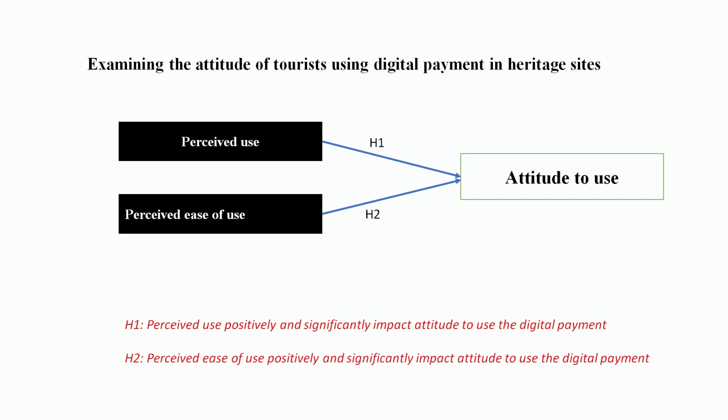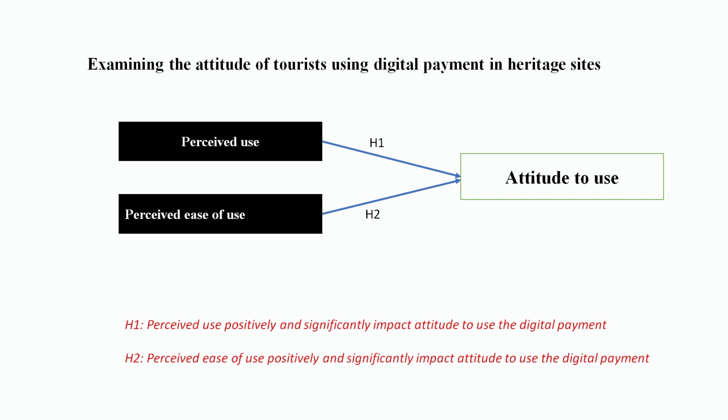So, I have made two hypotheses out of this. One is perceived usefulness positively and significantly impacts the attitude of the tourist, and the second one, perceived ease of use, also positively and significantly impacts the attitude to use.